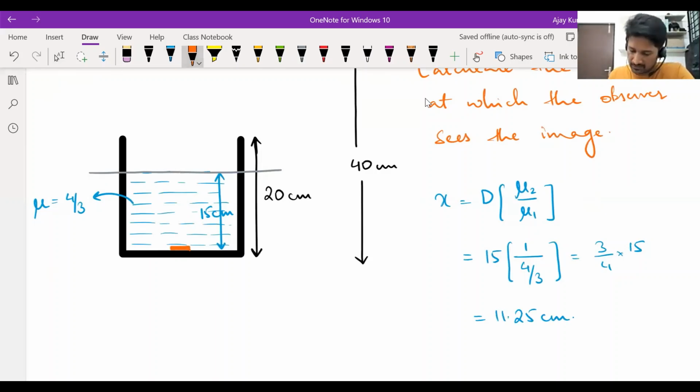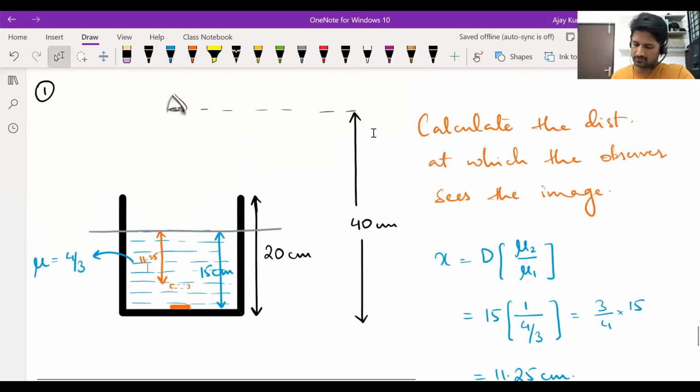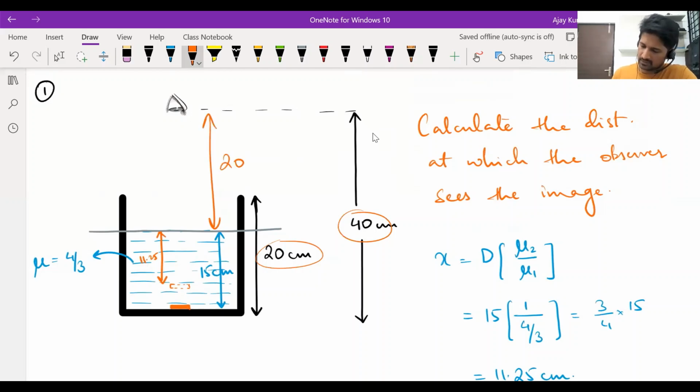That is where the image appears to be. And that 11.25 is from the interface. Remember that. This distance is 11.25. So from the observer, now this is 20, this is 40. So this will be 20 plus 11.25. The answer is 31.25 centimeters.